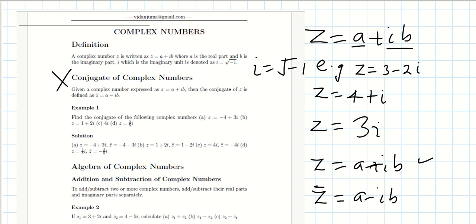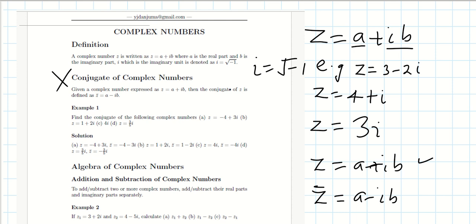So whenever you have a complex number of the form a plus ib, the conjugate is interchanging the sign attached to the imaginary part. If it is plus, you change to minus. If it is minus, it changes to plus. That is how you define a complex conjugate.